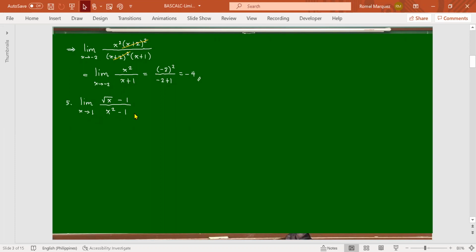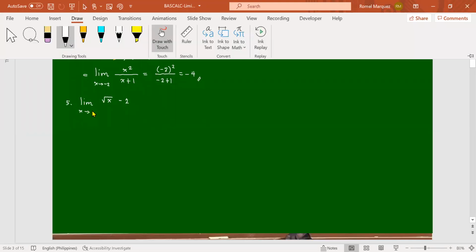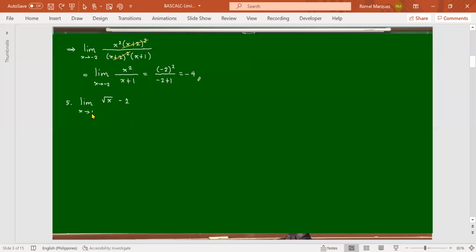Meron ng ganyan. Change naman natin: x approaching 4, square root of x minus 2 all over x squared minus 16.